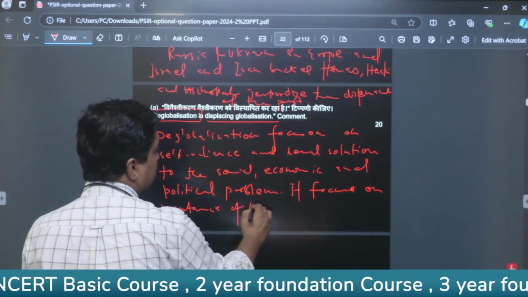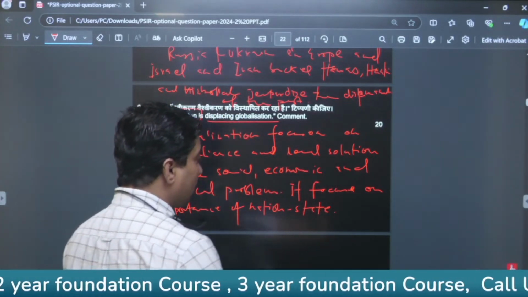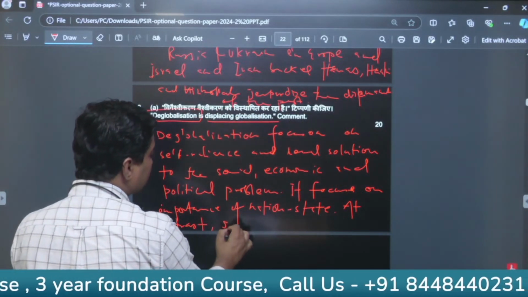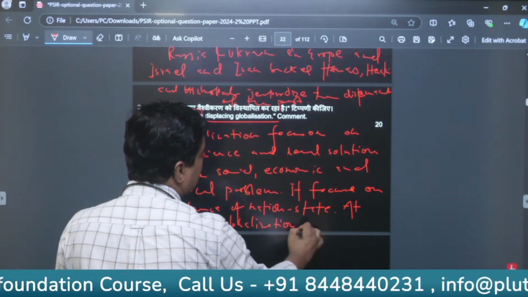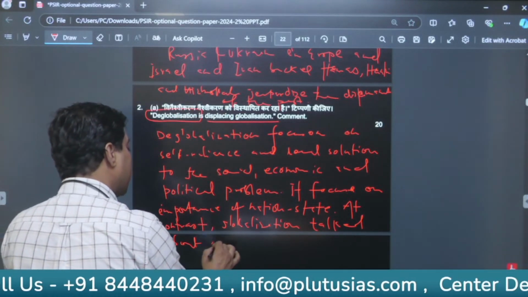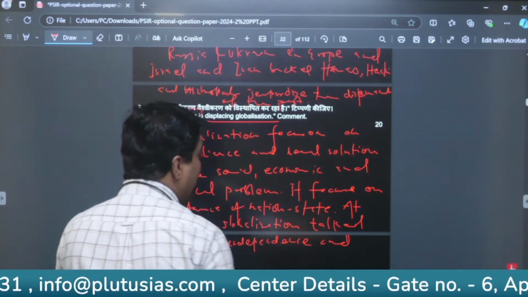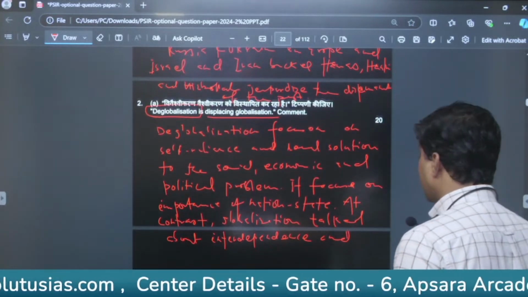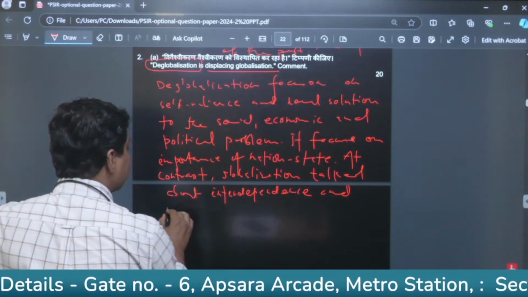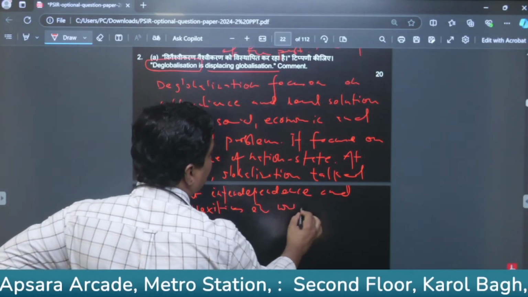In contrast, globalization talked about interdependence and complexities in the world economic order.